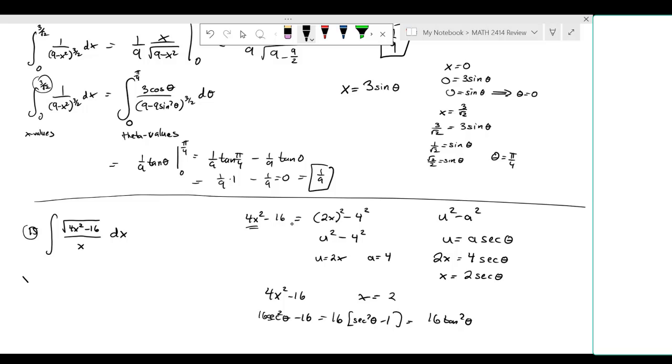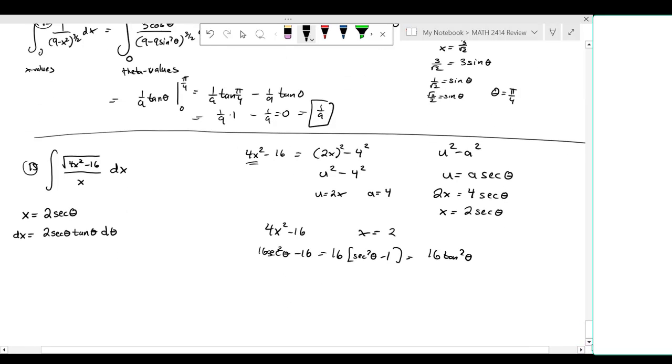Anyway, okay, we got our substitution. x equals 2 times secant theta. Compute the differential. And then directly substitute.